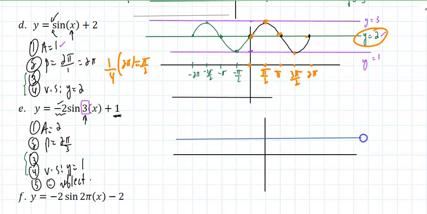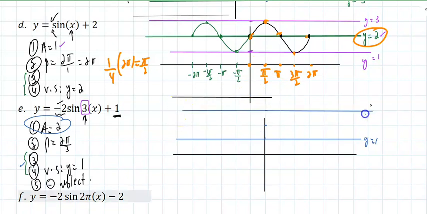So if I run to y equal 1, that's what I do first. Then I run my amplitude. 2 units above, that's y equal 3. And if I start at 1 and move 2 units down, that's y equal negative 1.